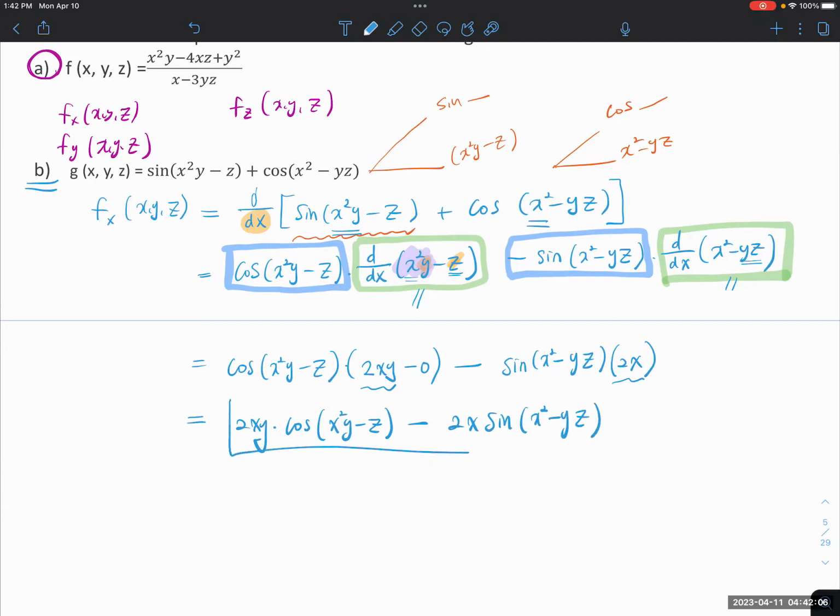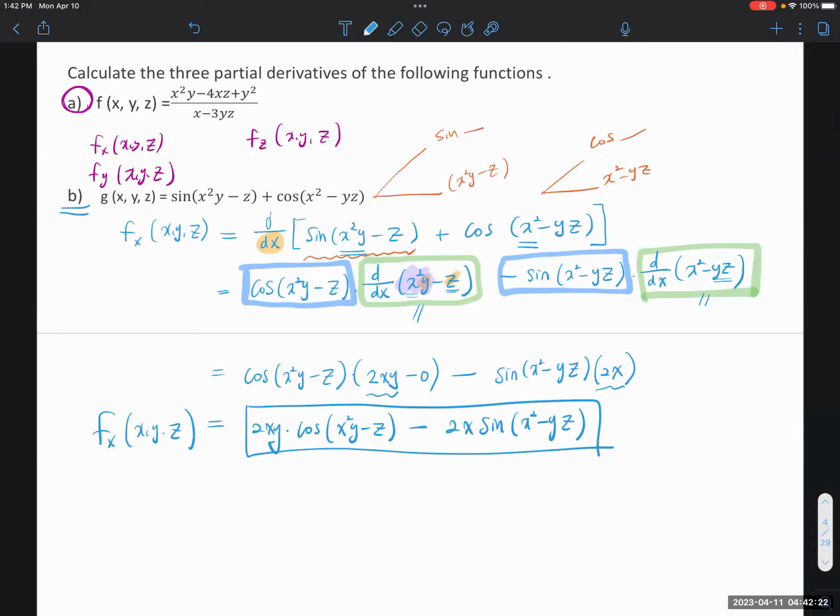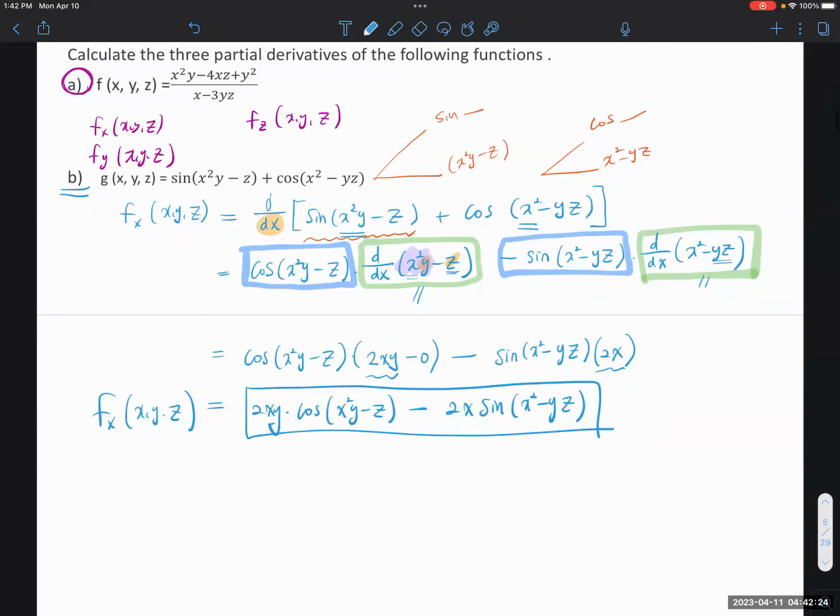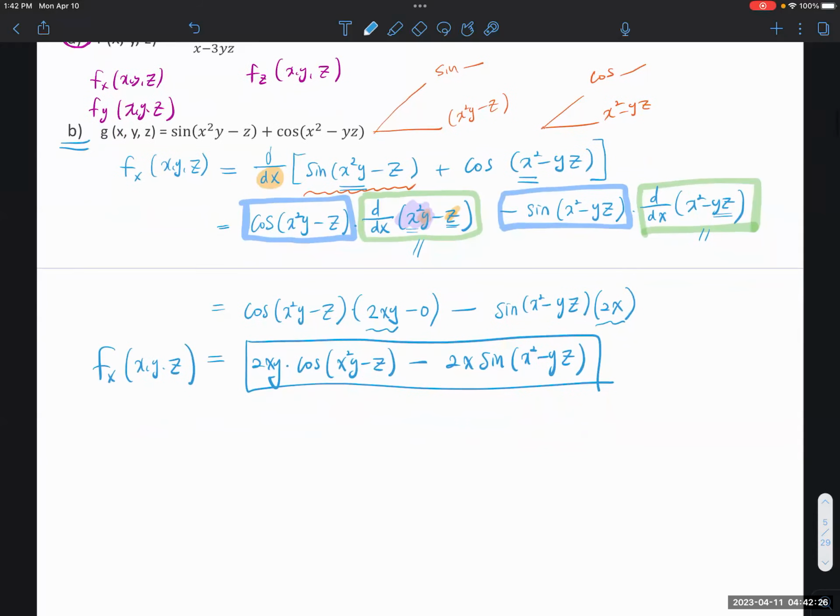That's your f sub x. We took the partial derivative with respect to x of these three variables. So that's one answer. Okay, so this is the work of partial derivative that you're going to show me in your work. Okay, I'm not done yet.